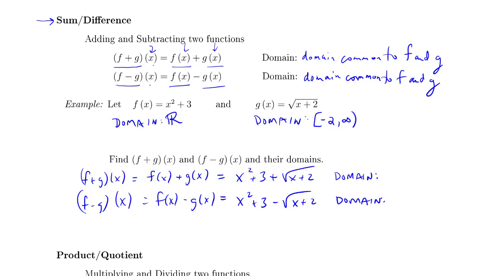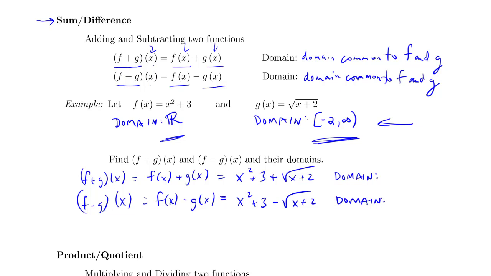So the domain of the sum function, we said, has to be what's common to both the original domains of f and g. Well, f had all real numbers, so really no restriction. G had the domain -2 to infinity. So the portion that's common to both of those is g's domain, because the real numbers have everything in it, and g has a domain which starts at -2 and goes to infinity.